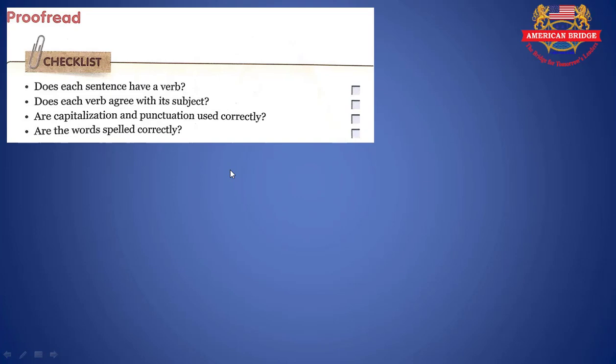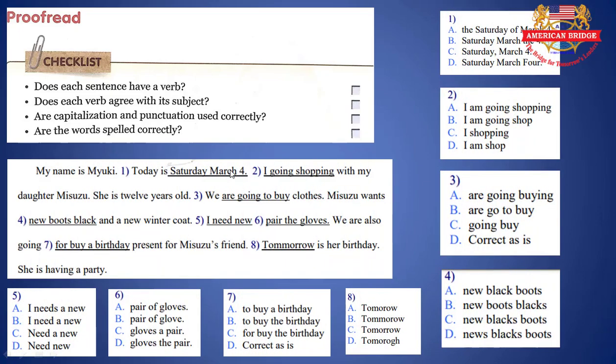So teacher has one paragraph for you to practice here, everyone. Let's say my name is Mayuki. Today is Saturday, March 4th. I going shopping with my daughter, Miss Sushu. She is 12 years old. We are going to buy clothes.